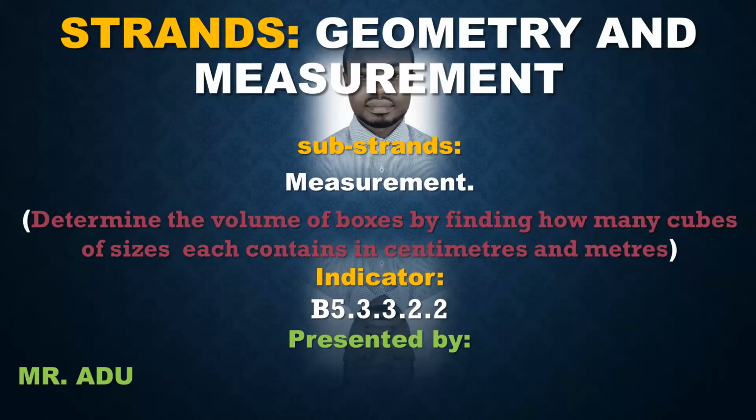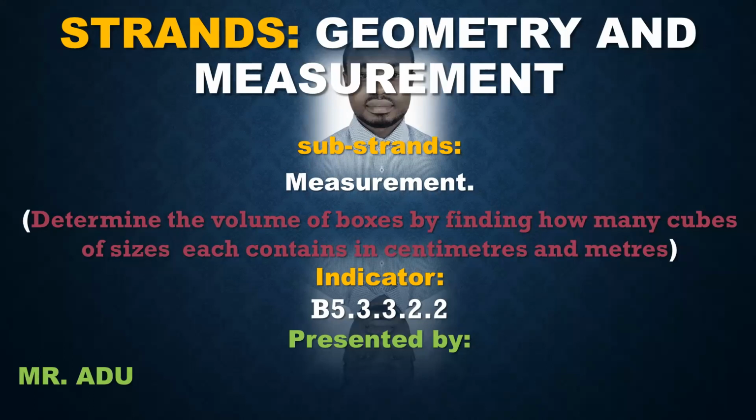Today, our main strand is geometry and measurement. Our substrand here is measurement. We are going to determine the volume of boxes by finding how many cubes of sizes each container is in centimeters and meters.